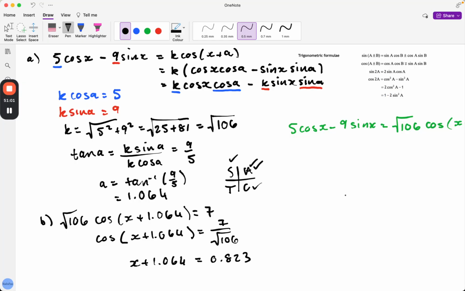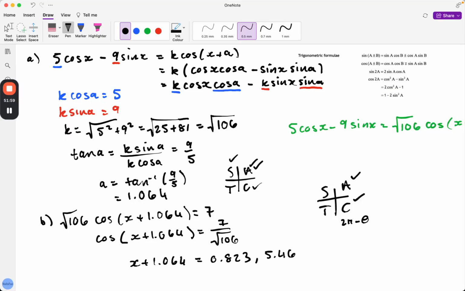So what you also want to do is grab your CAST diagram, and because we are dealing with cos here, and 7 over root 106 is positive, we're taking our all and we're taking our cos, and so that is also our 2 pi minus our angle here, just a little theta. So you also want to do 2 pi minus that answer, and if you do your 2 pi and then subtract your answer button, that gives you 5.46.